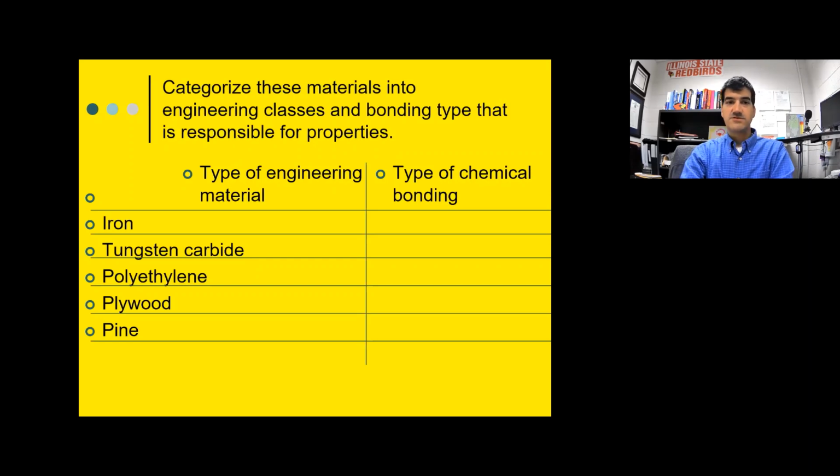Well, it's going to use covalent bonding. Polyethylene, what type of bonding? Well, it has covalent bonds holding the molecules together, but then it has intermolecular forces holding the molecules to each other. So two different kinds. Plywood is going to use primarily covalent bonded material, and pine is also characterized by covalent bonds.